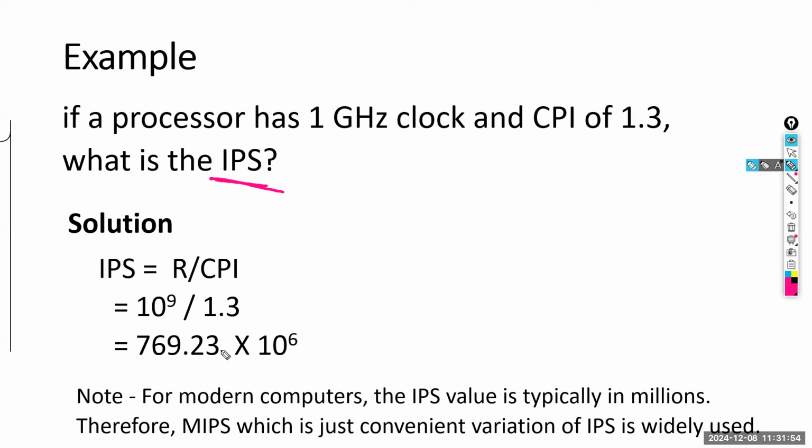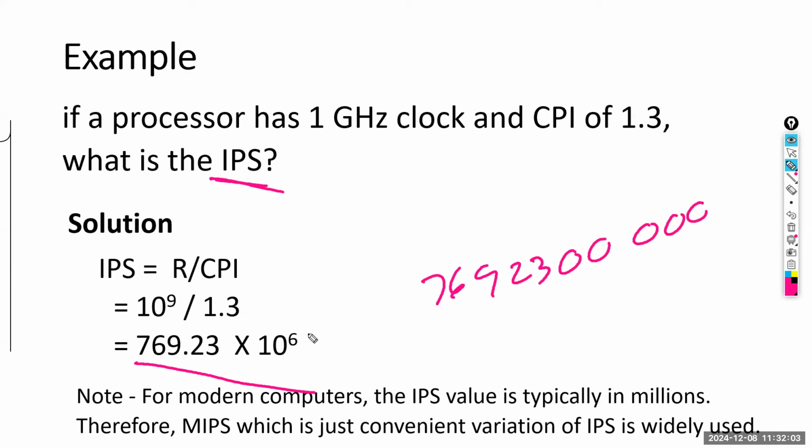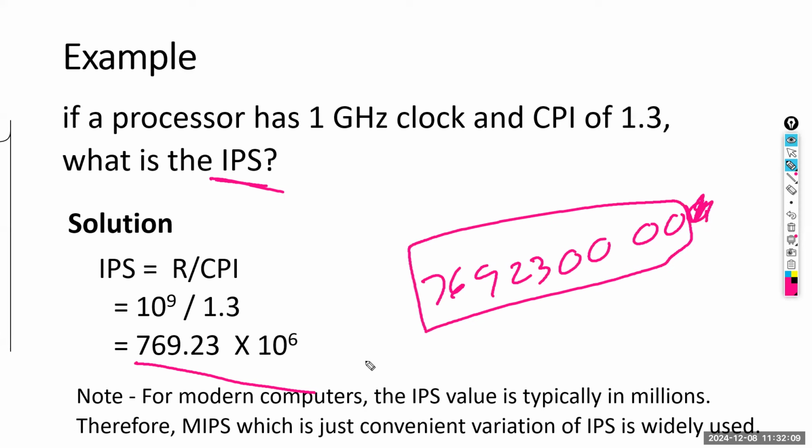We get 769.23 MIPS. MIPS means millions, so we remove 10 to the power 6. Therefore this speed is 769 MIPS, 769 millions of instructions per second.